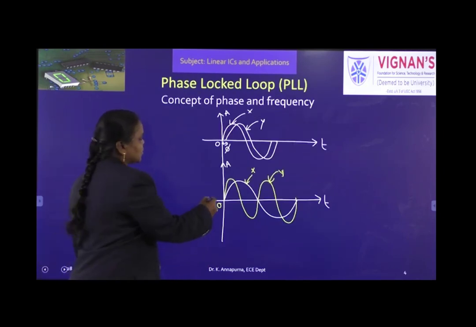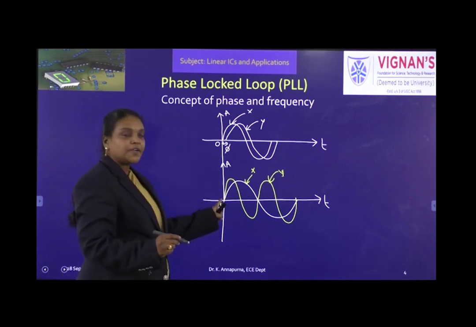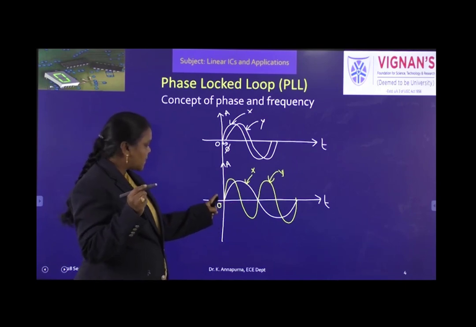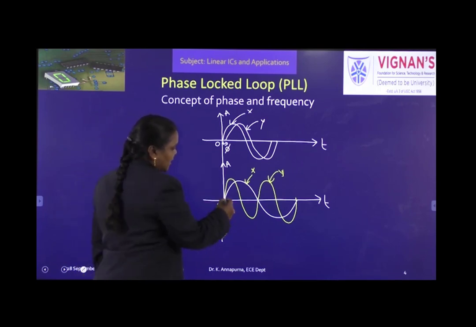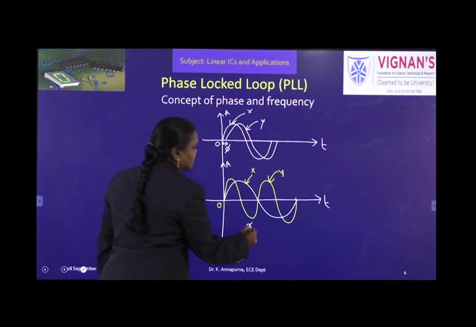At time 0, both are at the starting point, that means there is no phase difference. But from time to time, there is phase shift. This phase shift is varying with respect to time.